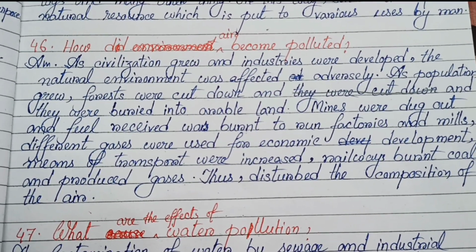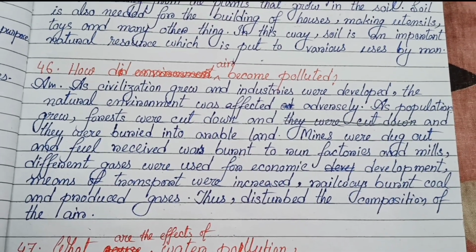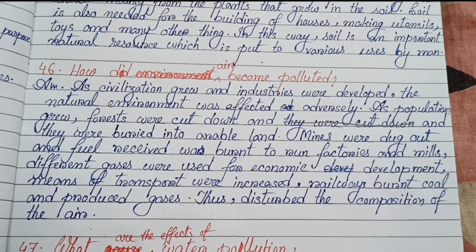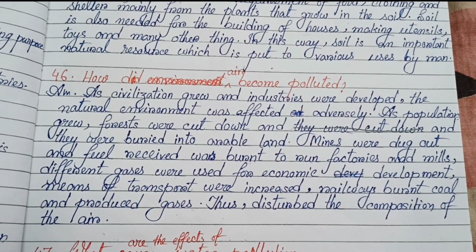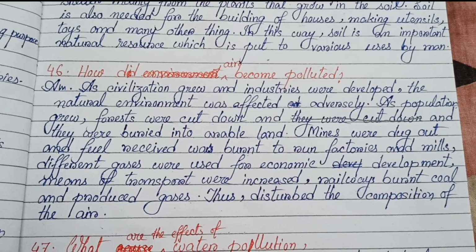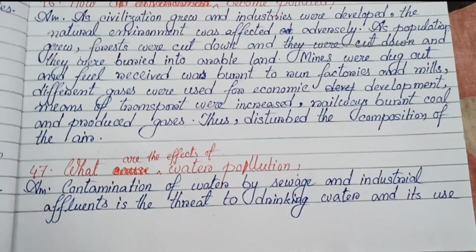Mines were dug out and fuel received was burned to run factories and mills. Means of transport were increased. Railways burned coal and produced gases, thus disturbing the composition of air.